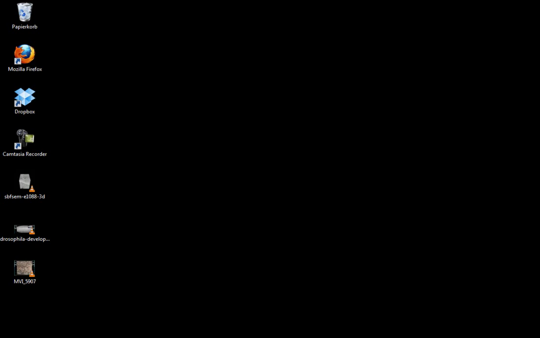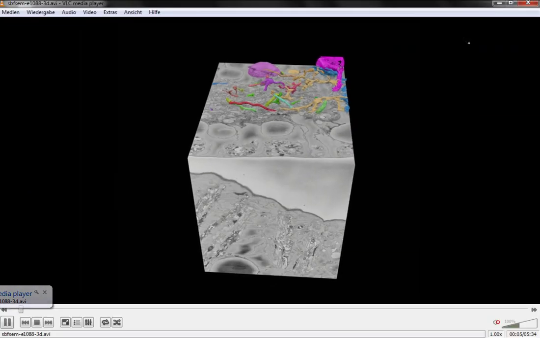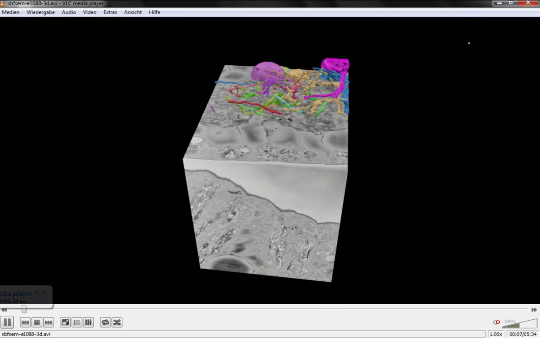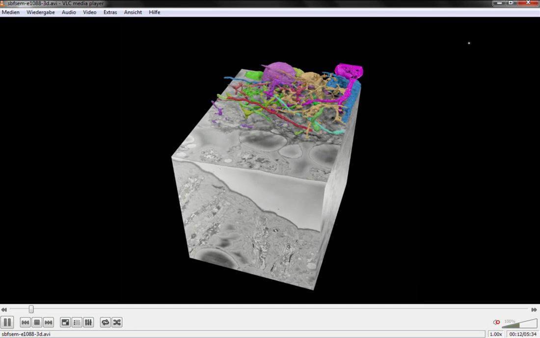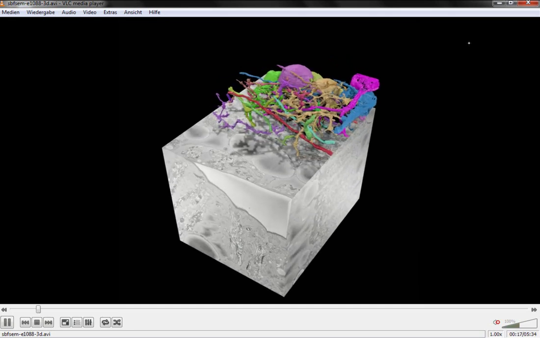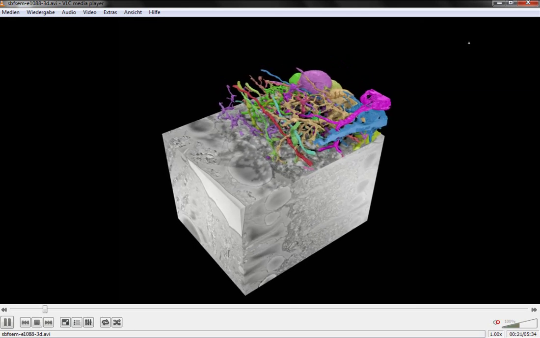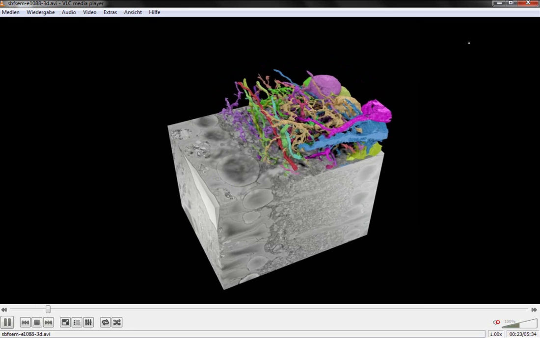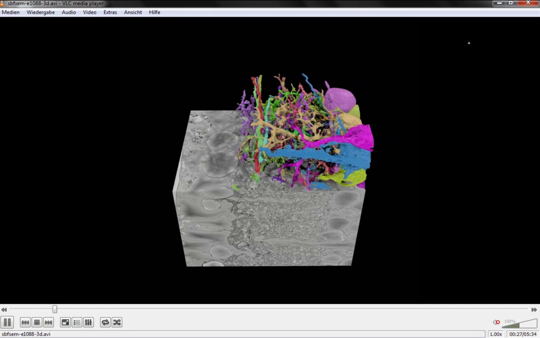Okay, so I promised some movies, and here's one that your teaching assistant has produced. This is beautiful raw data originally from Winfried Denk's lab here at the Max Planck Institute for Medical Research. You see a 1,000 by 1,000 by 1,000 cube, so 1 billion pixels of super high resolution isotropic electron microscopic images of the retina.